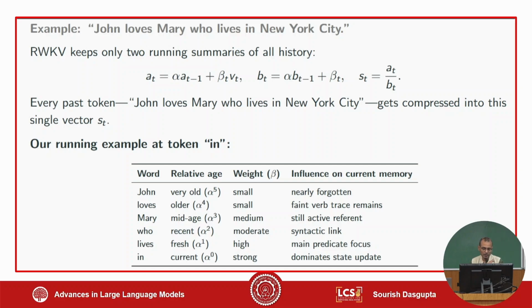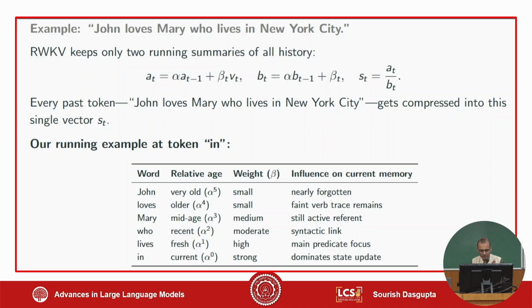Also, let's say just as an example that beta is small, then it will be nearly forgotten, because beta is the knob which helps you retain the essence of John. Alpha is the knob that does the decay, and beta is the knob that refreshes that information back. If the refreshing is small, then it's going to fade.